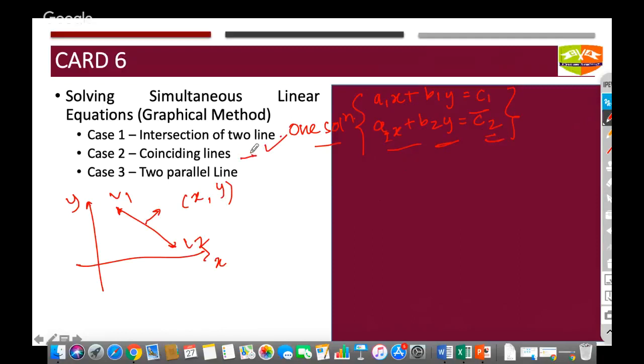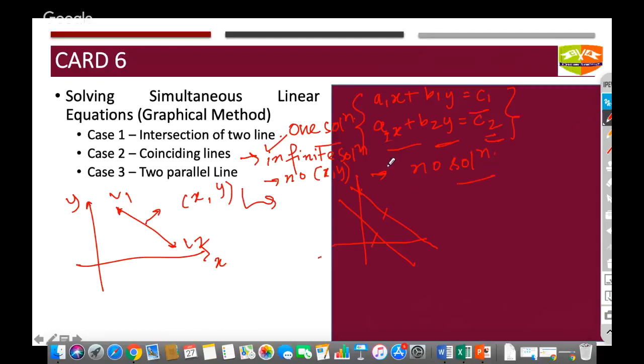Hence, I'll have infinite solutions here. And for two parallel lines, suppose one line is like this and the second line is like this, there would be no x and y which will be common to these two lines. Hence I'll have the case of no solution.